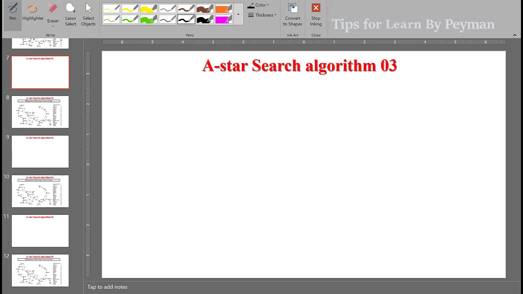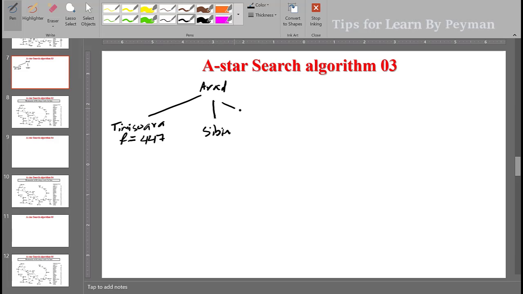Okay, so in the third level we have Arad here in the root. I have Timisoara with F value of 447. I have here CBU, and here I have Zerind with the F value of 449.